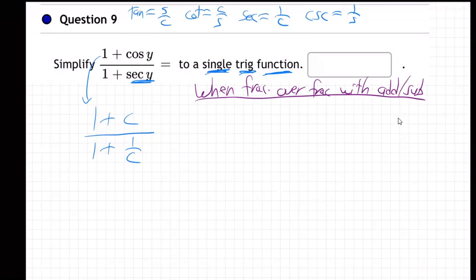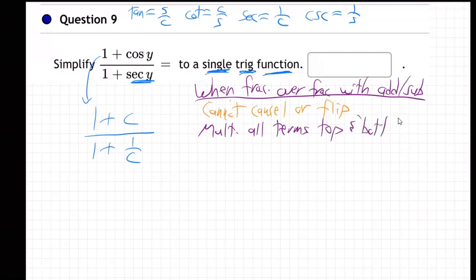So what do you do then? You cannot cancel or flip. You multiply all the terms, top and bottom, by the LCD over 1.